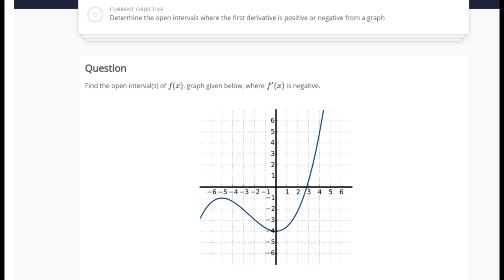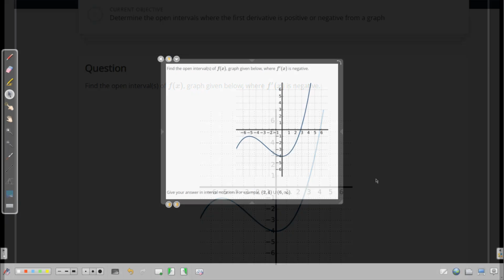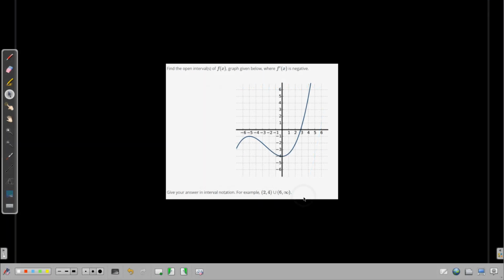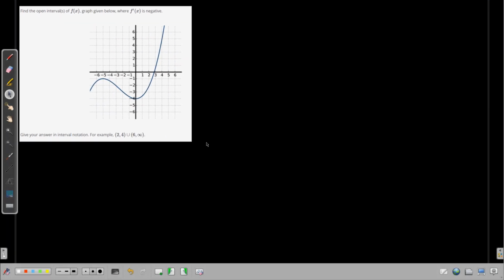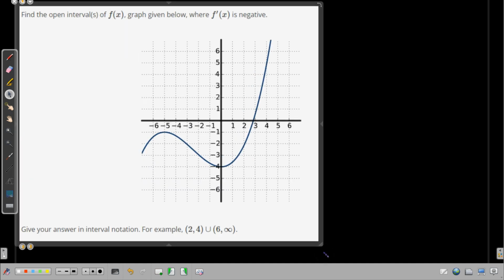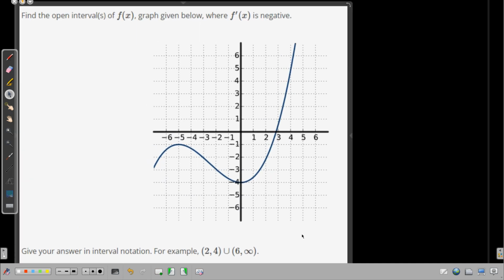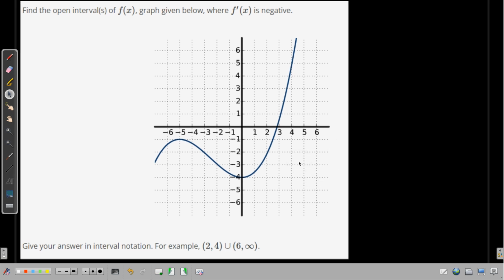It says where f prime is negative, and the other way they could phrase that is to say where the tangent line has a negative slope, just as they were doing in the last 2 questions.